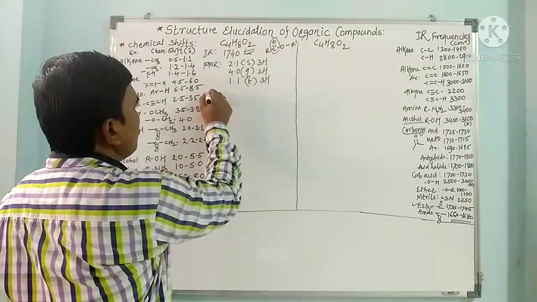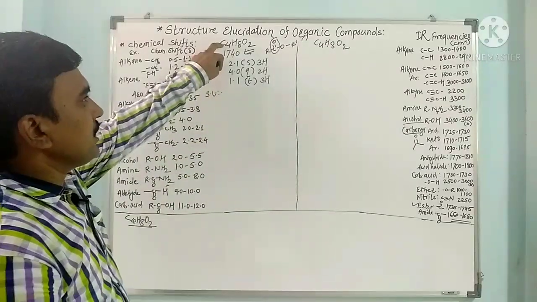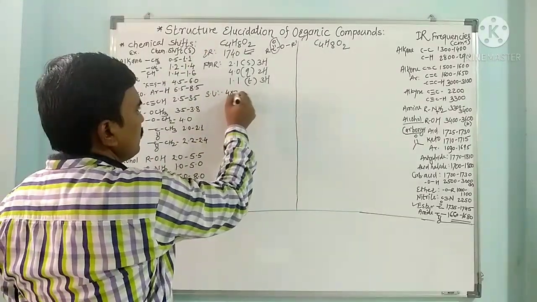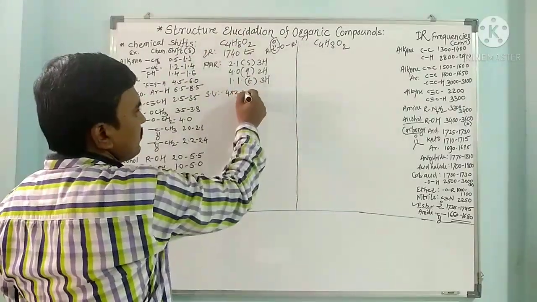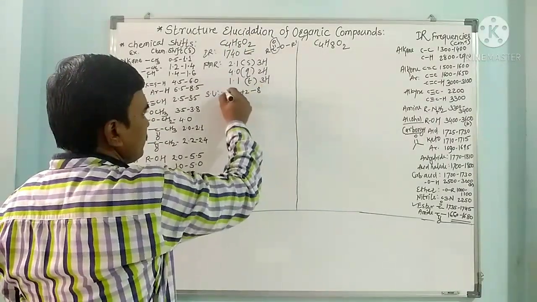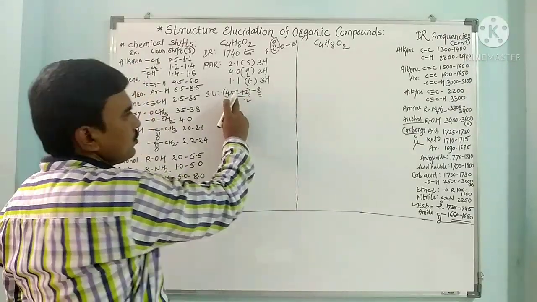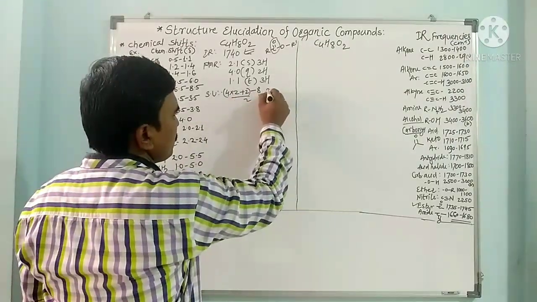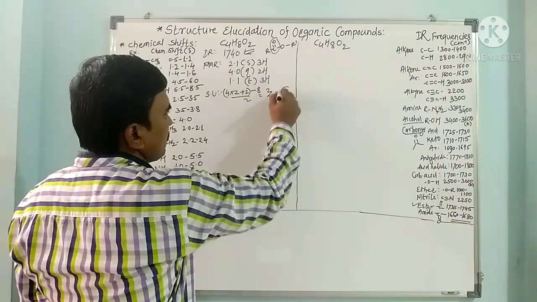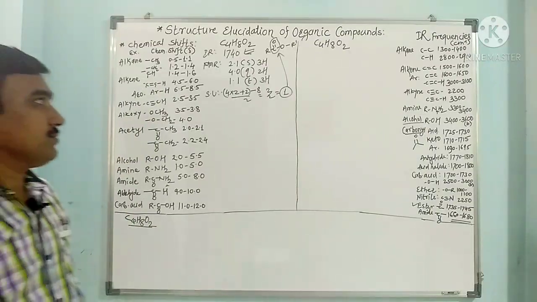Now I have to see first the sites of unsaturation or hydrogen deficiency index. Number of carbons 4 into 2 plus 2 minus number of hydrogens 8 divided by 2. So 4 into 2, 8 plus 2, 10, 10 minus 8, that is 2, 2 by 2 equal to 1. So this one unsaturation is because of this carbonyl of ester.